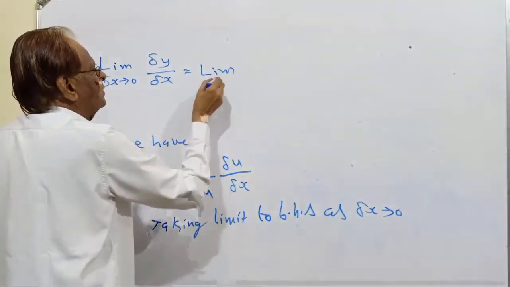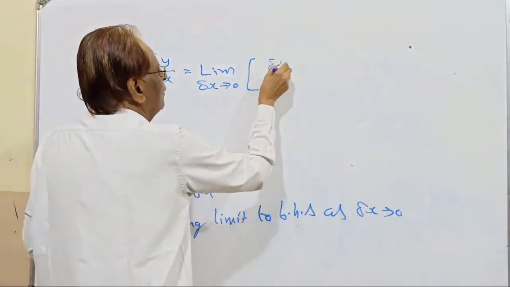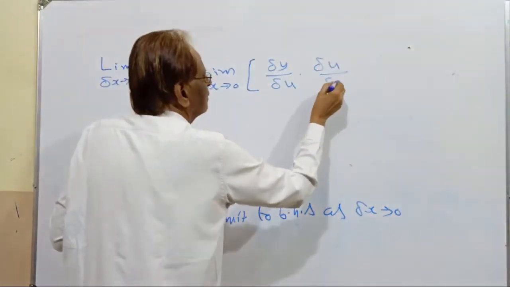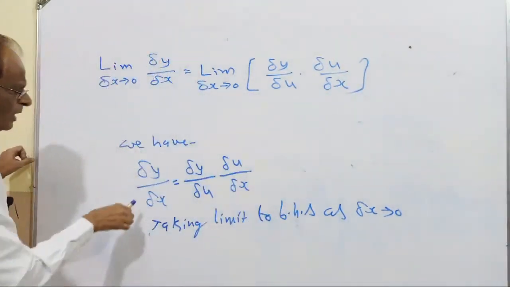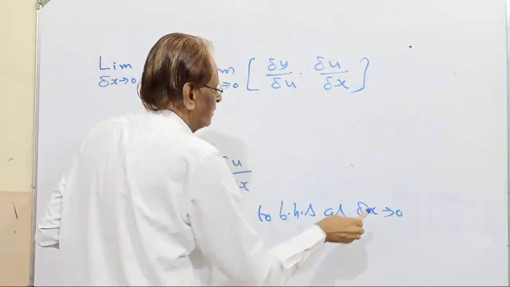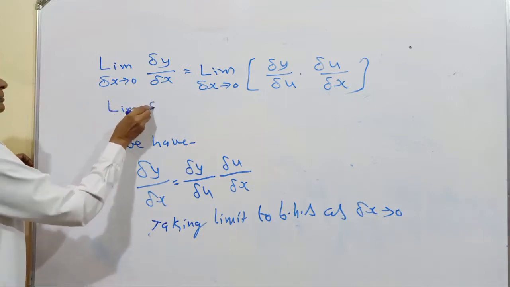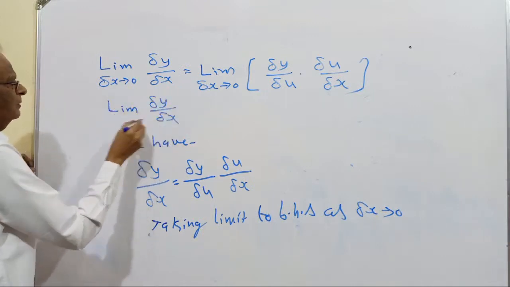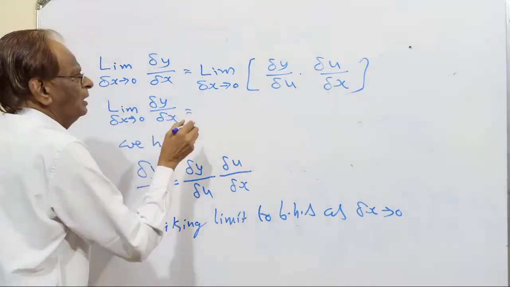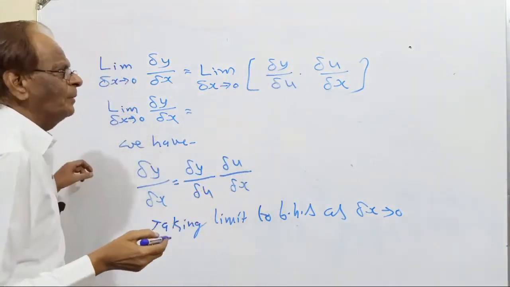Limit of RHS also when delta x approaches 0. RHS is delta y by delta u into delta u by delta x. Limit for the left side as it is. This is a product. Limit of a product is the product of limits.